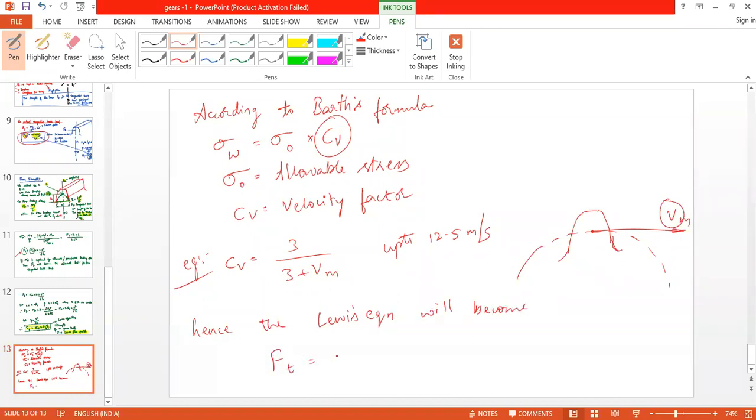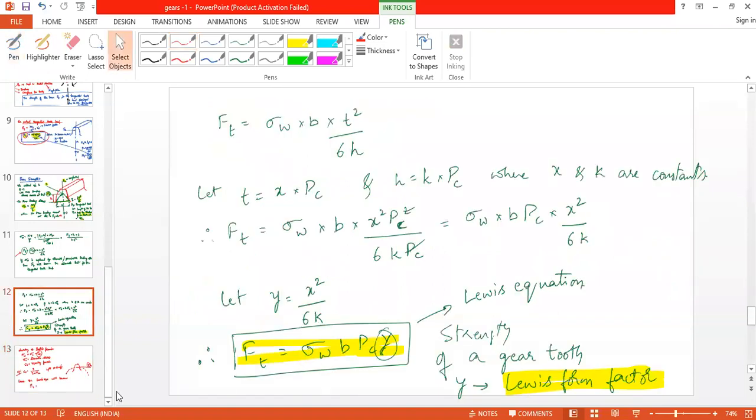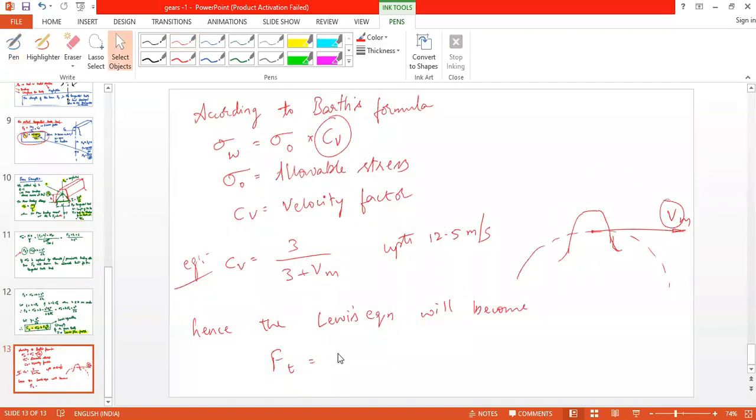That is Ft is equal to, instead of sigma W, we will write sigma O and Cv. In the data handbook, the Cv is given as kV, so we can write kV here instead of Cv.